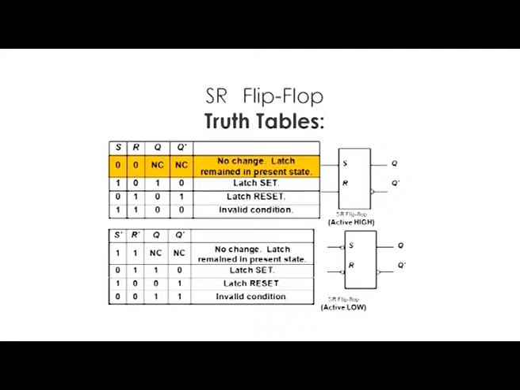This NC represents no change, which means the latch is remaining in its present state. Suppose before applying 0 and 0, Q was 1 and Q complement was 0. Even after applying S and R as 0 and 0 respectively, the output will remain 1 and 0.